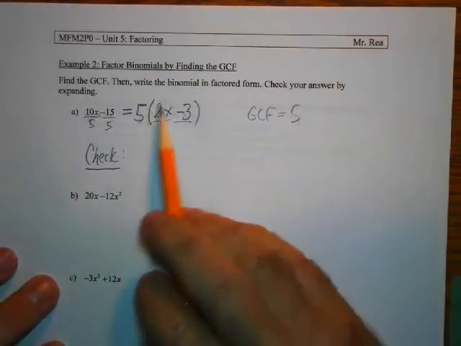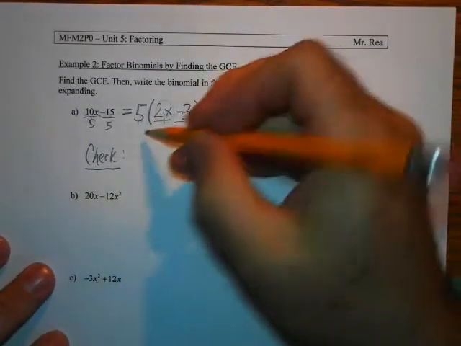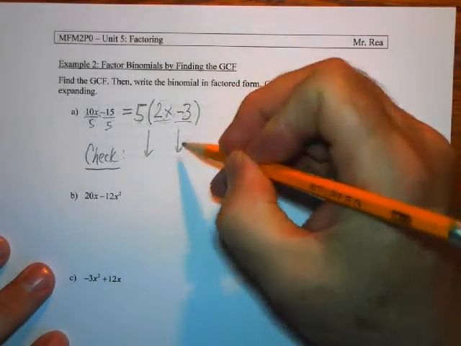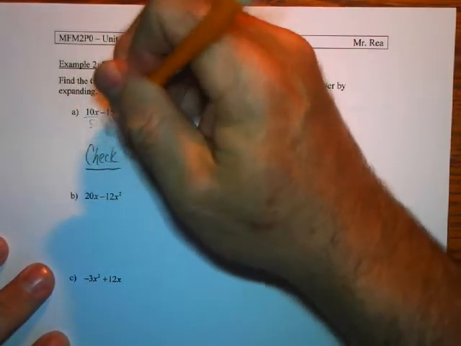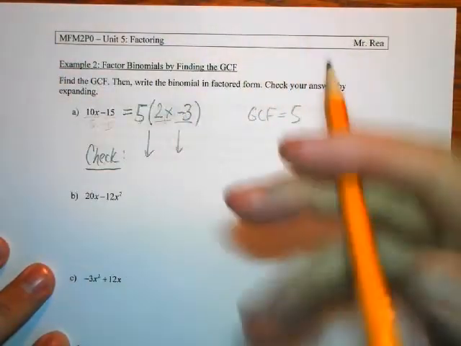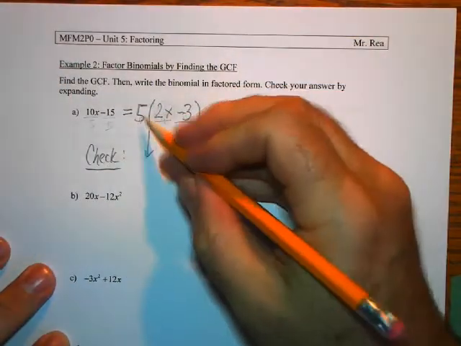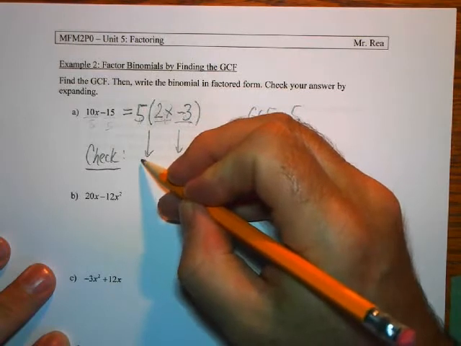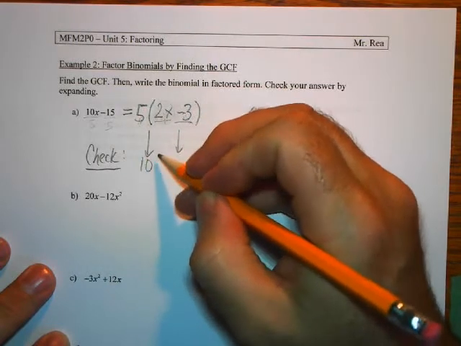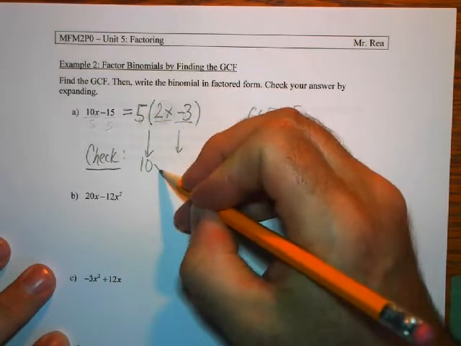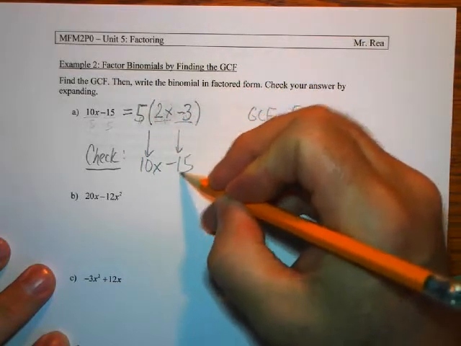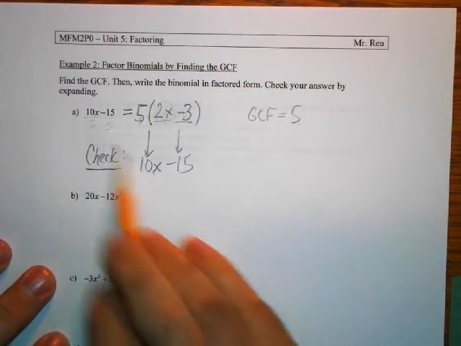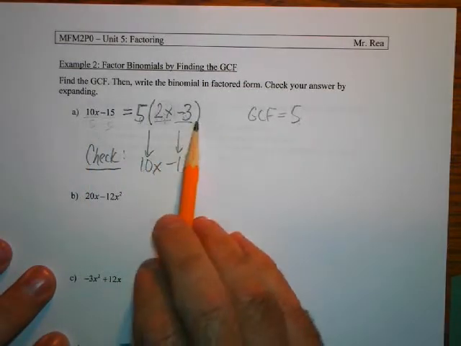So if I actually multiply this out, I should get back to the 10x minus 15. Okay, so 5 times 2 is 10, times x is 10x, and then 5 times negative 3 is negative 15, and that does in fact equal the original question. So I'm just kind of going backwards.